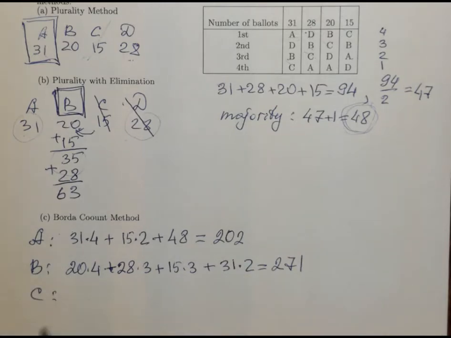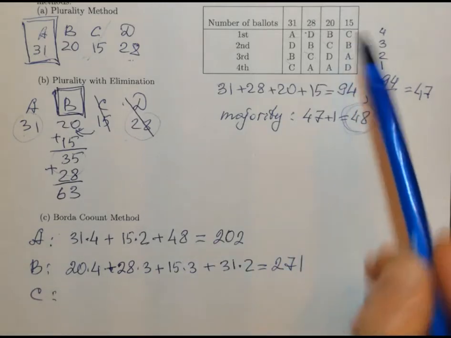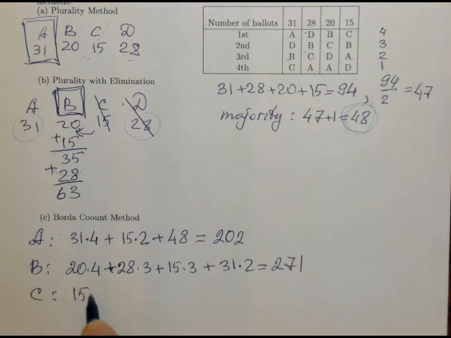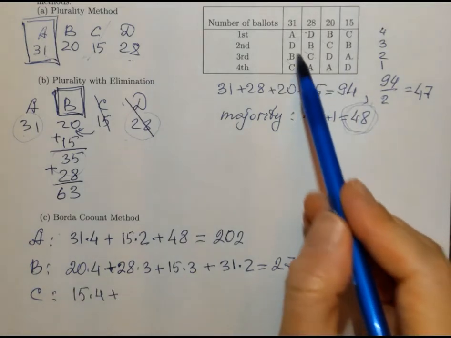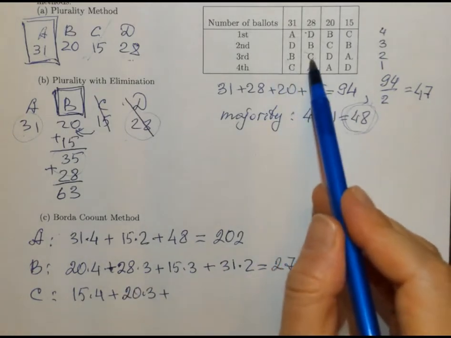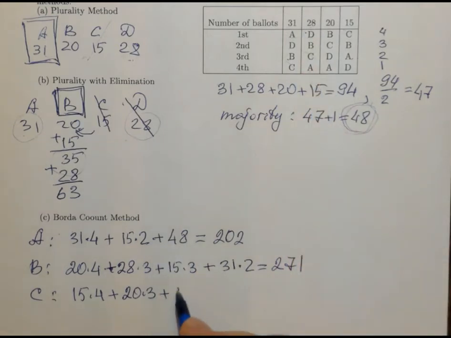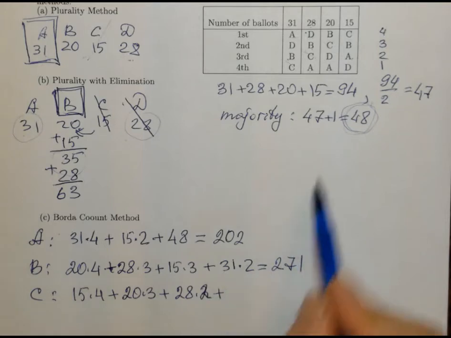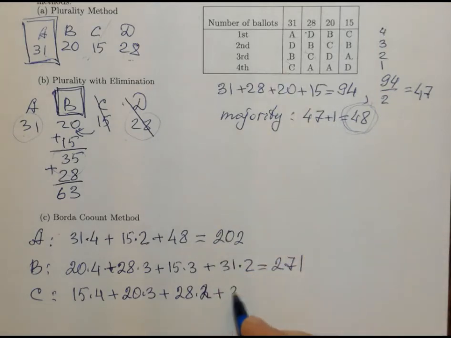Candidate C. First place is 15. 15 times 4. Second place is 20. 20 times 3. Next line, 28. 28 times 2. Plus the next line, 31. 31 times 1.